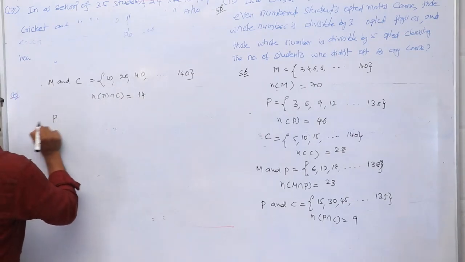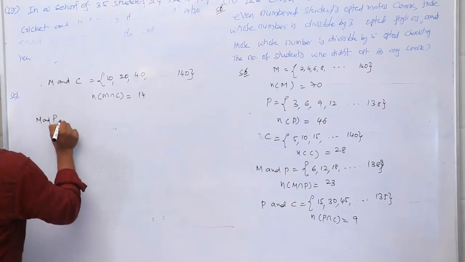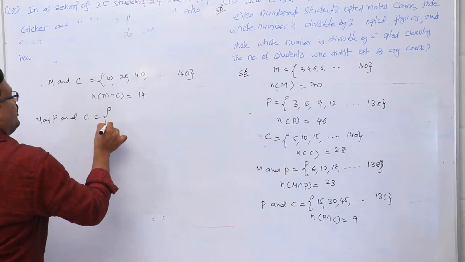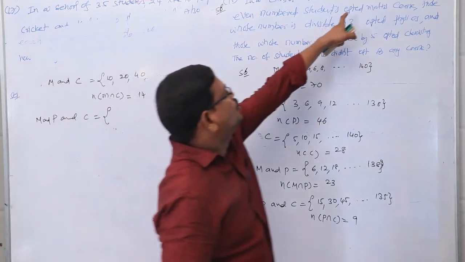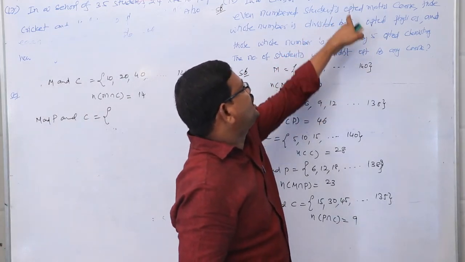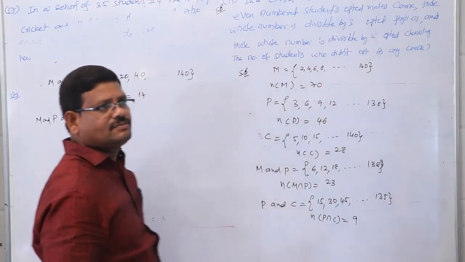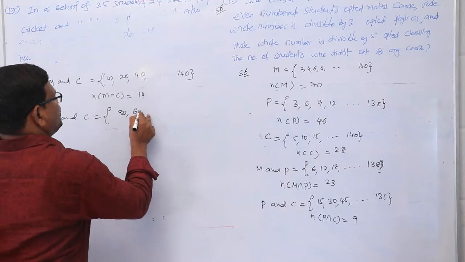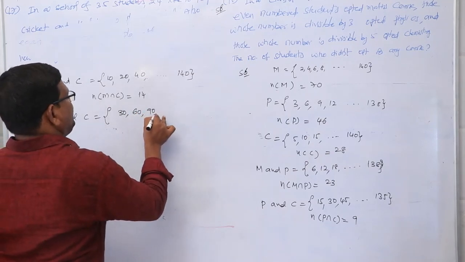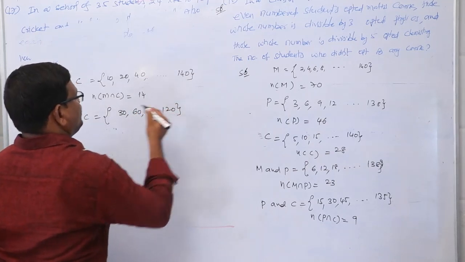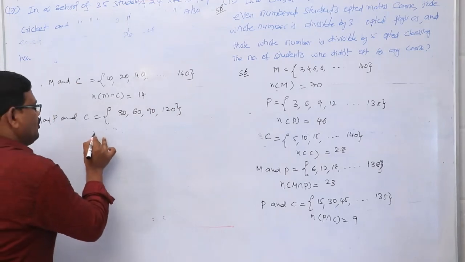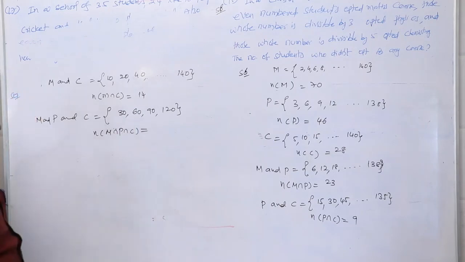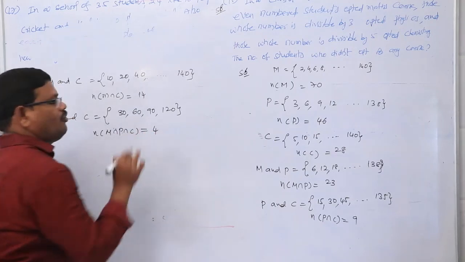So M, P and C equal to the LCM of 2, 3, 5. 2 3s are 6, 6 5s are 30. That equals 30, 60, 90, 120. Therefore, number of M intersection P intersection C equal to 4.